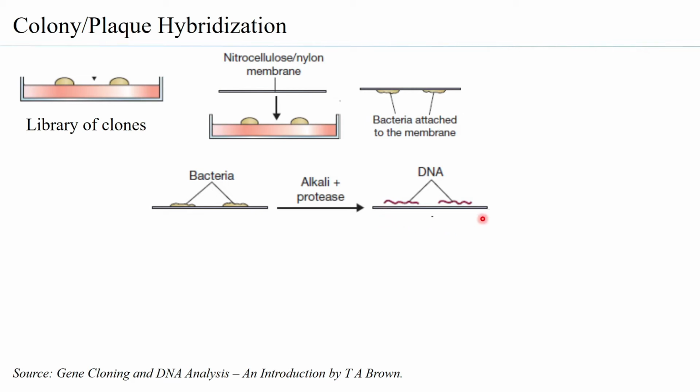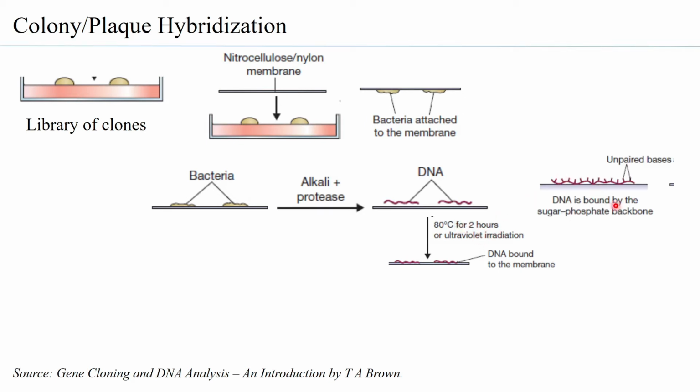So supposing one uses nitrocellulose membrane, then one can bake it at 80 degrees centigrade for 2 hours, because what is going to happen is that the DNA will cross-link with the nitrocellulose membrane or the nylon membrane through its sugar phosphate backbone.